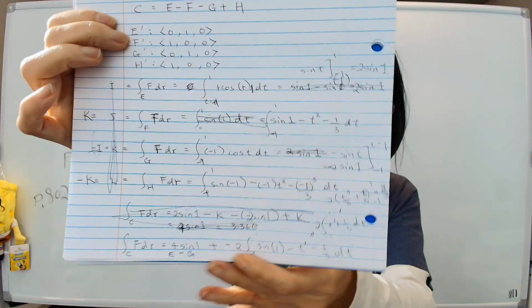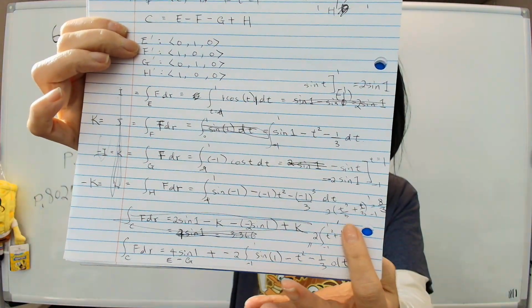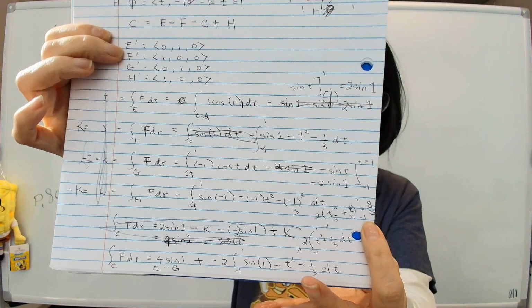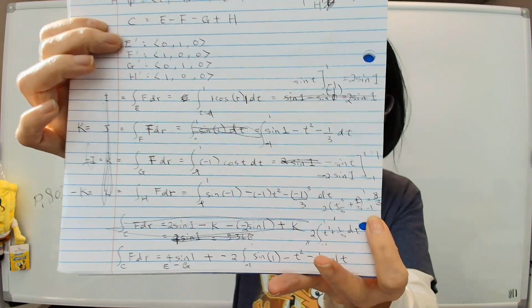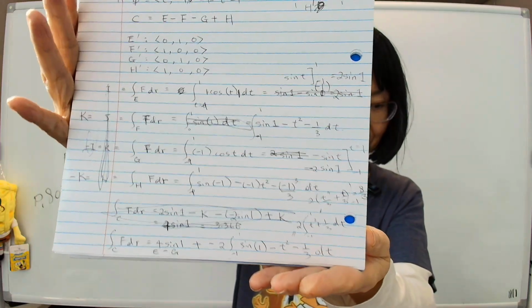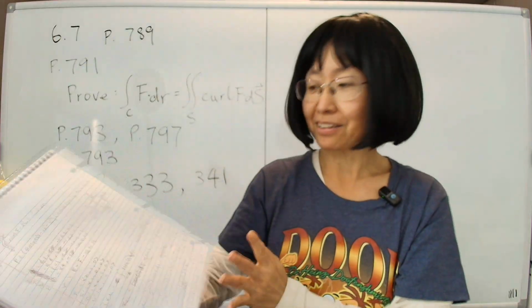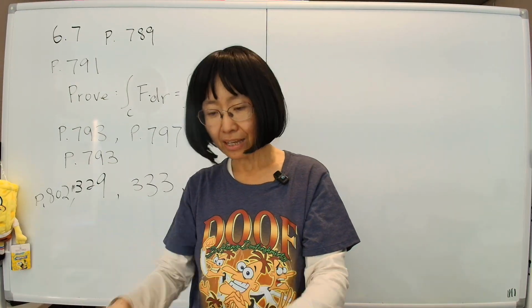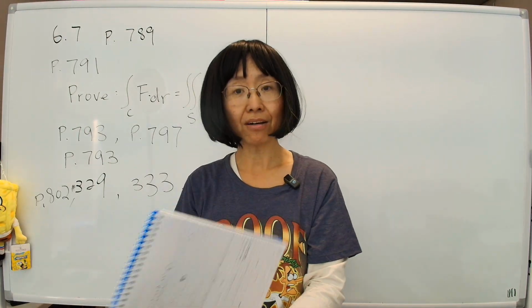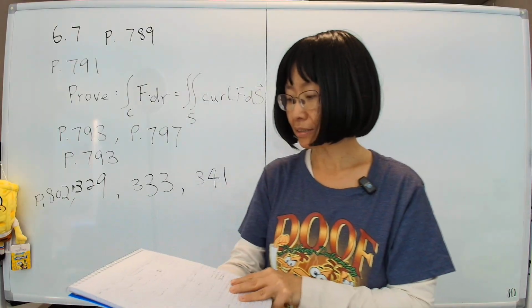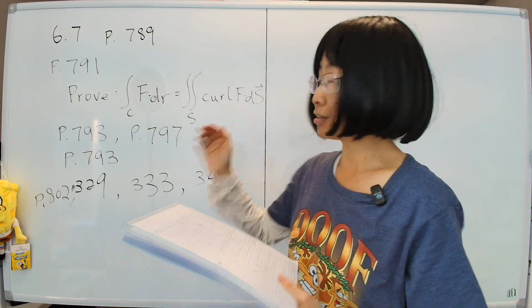After some mess, I eventually figured out that it equals 8/3. It looks messy, and it is, but if you get through all this and don't mess up, this is the answer you eventually get. Then, instead of calculating the line integral, we calculate the surface integral, the curl F dS.